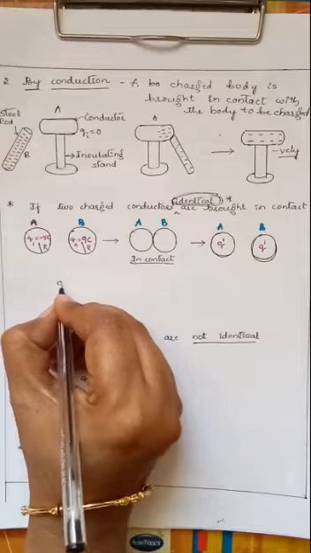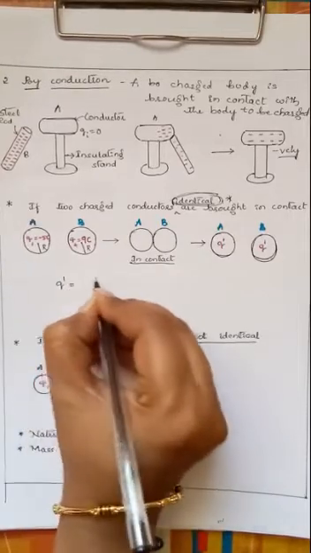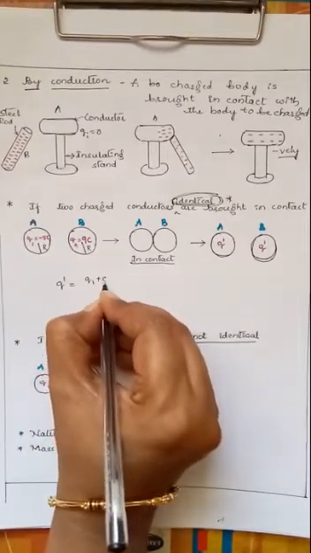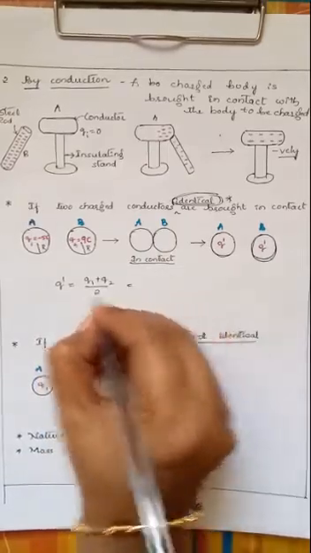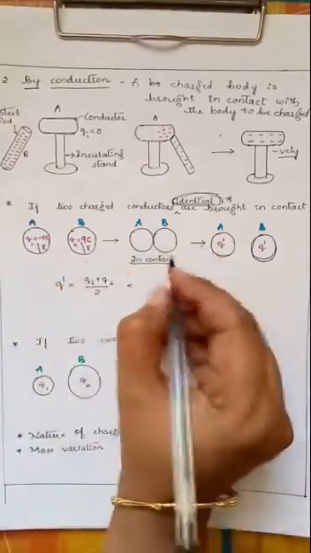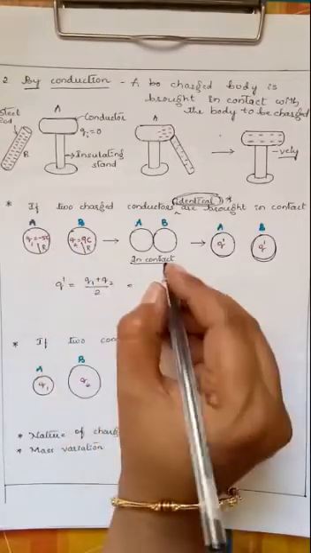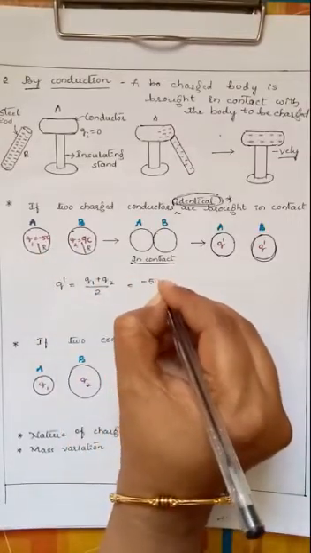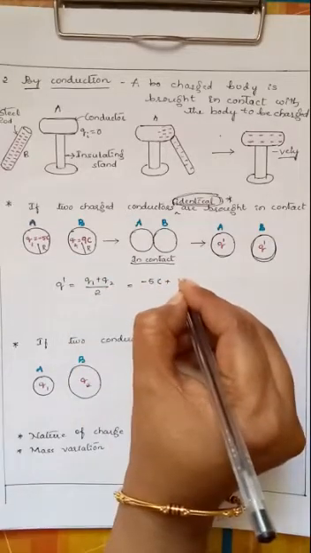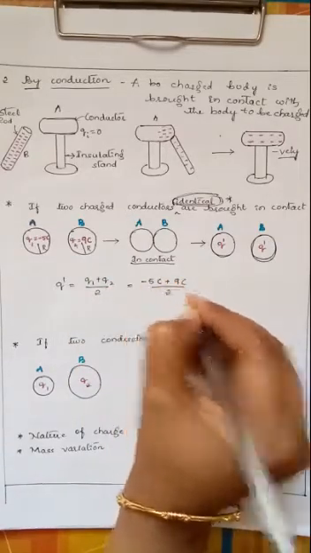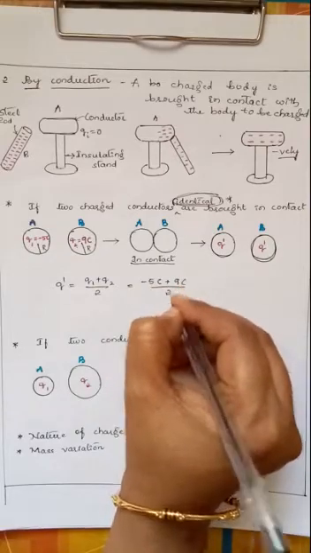So Q dash is given by Q1 plus Q2 divided by 2. Mathematically, taking the nature of charge into consideration, it is minus 5 coulomb plus 9 coulomb divided by 2, that becomes 4 by 2.